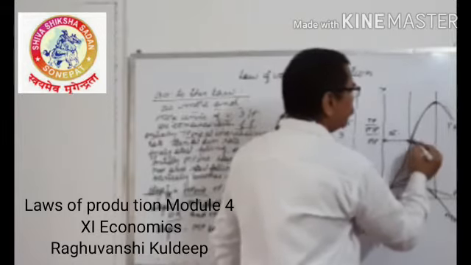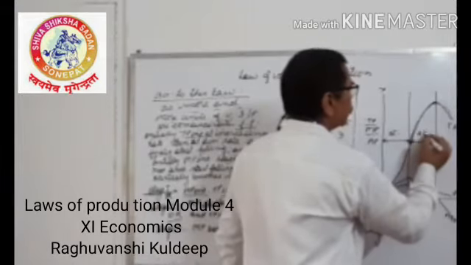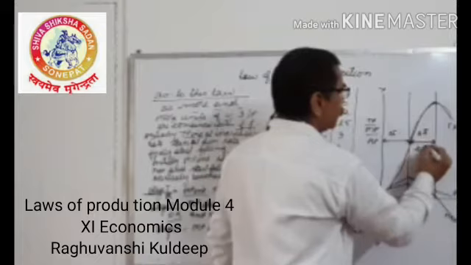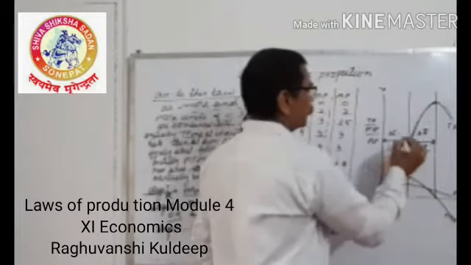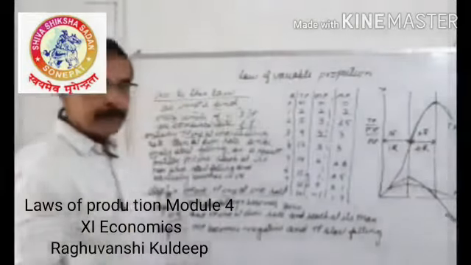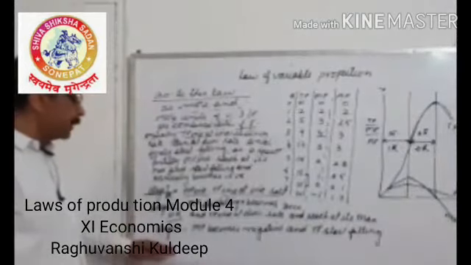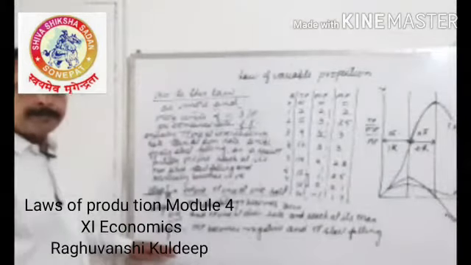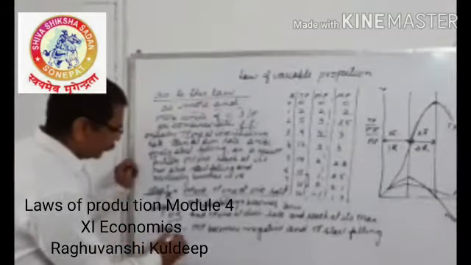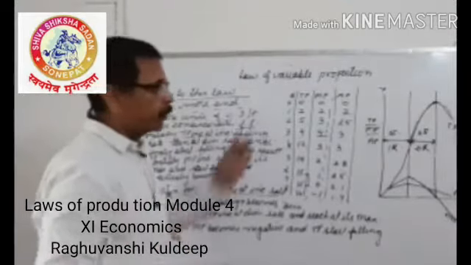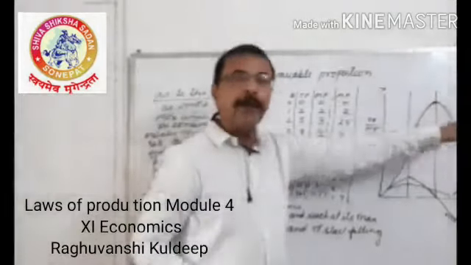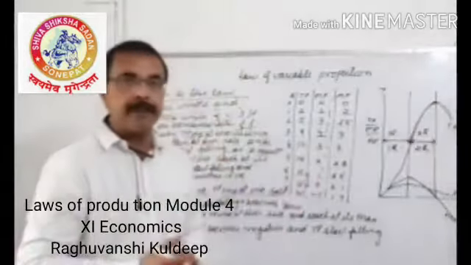So the area between these two lines is known as the second stage, diminishing return, and the first stage is known as increasing returns. And the third stage is known as negative returns, because output starts falling.